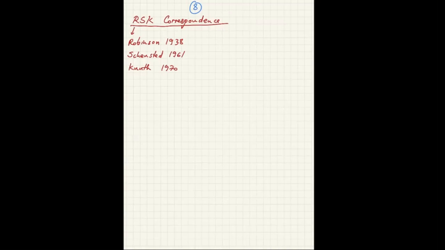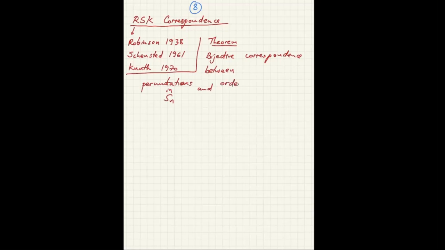Okay. So essentially the theorem gives a bijective correspondence between permutations in Sn and ordered pairs (P, Q) of Young tableaux of the same shape with entries 1 to n.